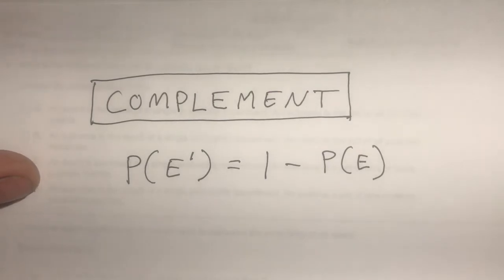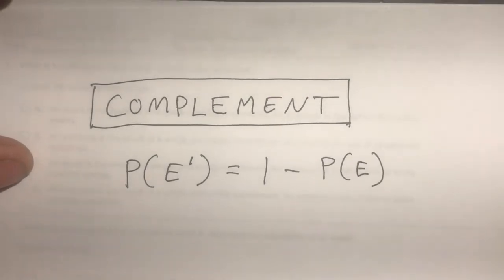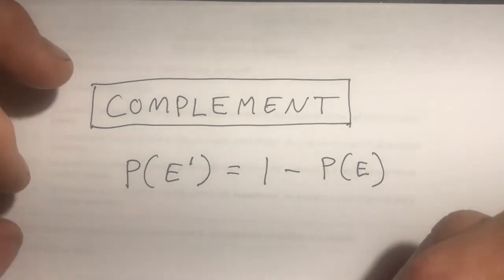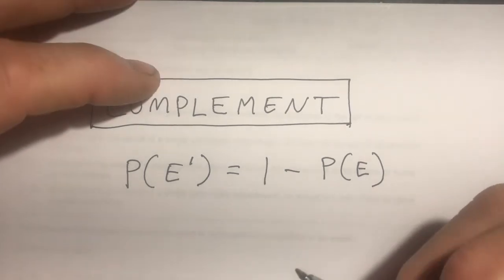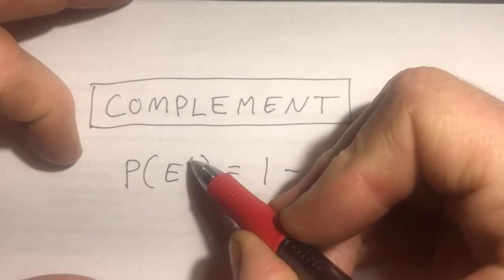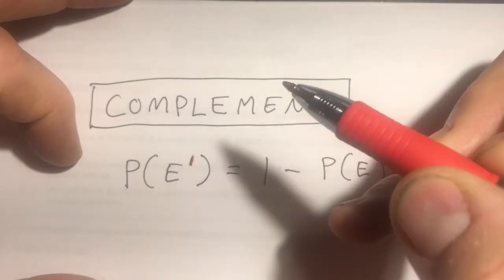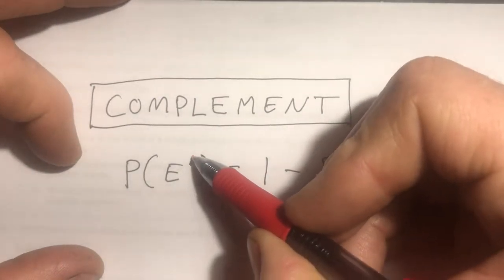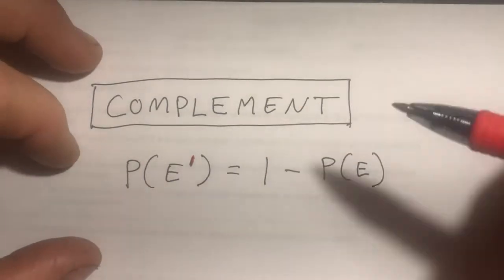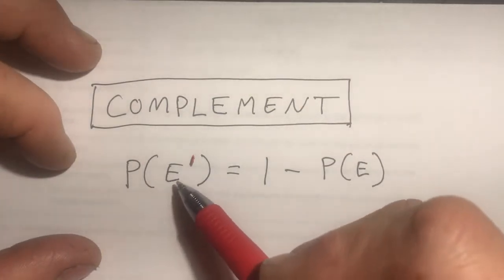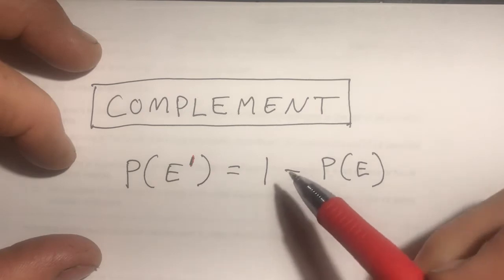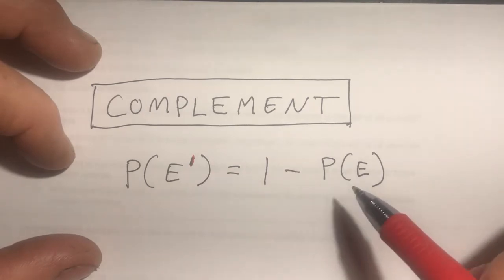Okay, now another thing we have is a complement. A complement is, we usually have an event and we have this little prime symbol. So this means its complement, which is 1 minus the probability of that event happening.